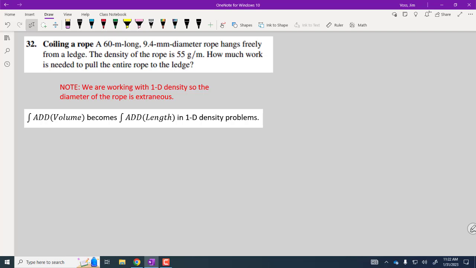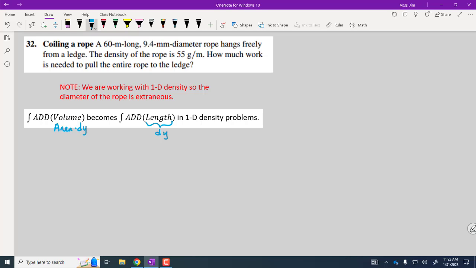Over here, we're thinking of this as area multiplied by dy. Here, all we're left with is the dy if we take away the area. So if we have our rope and we're doing a cross section, it's just a point, and then we add the thickness to it, which is going to give us the dy. So that is going to be our setup.